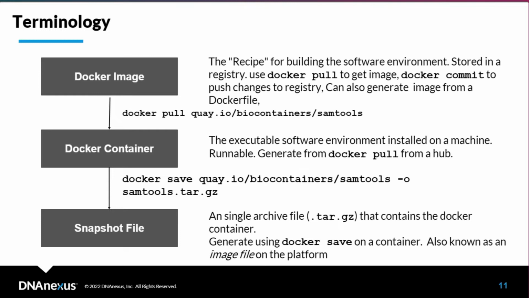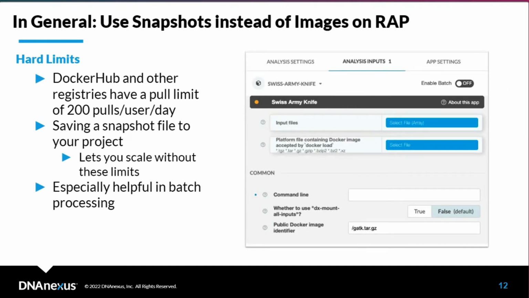Most of our advice centers around using snapshot files rather than pulling the image every time, and there are reasons for that. We advise using snapshot files instead of putting in the image URL, because there's a pull limit on Docker Hub and other registries of 200 pulls per user per day.